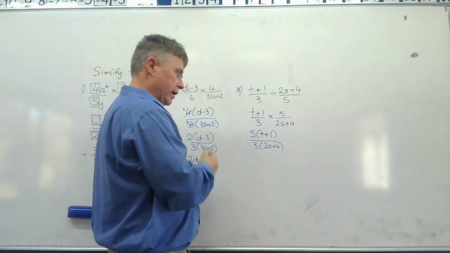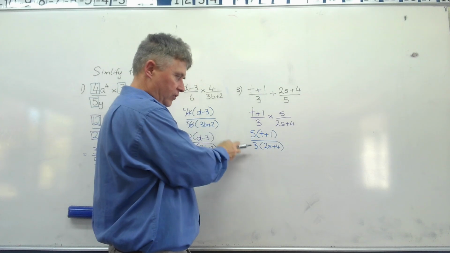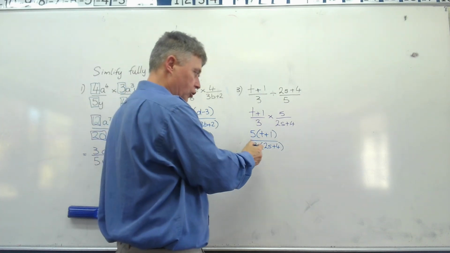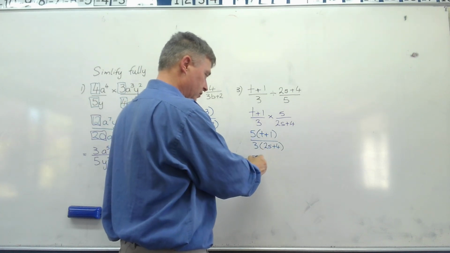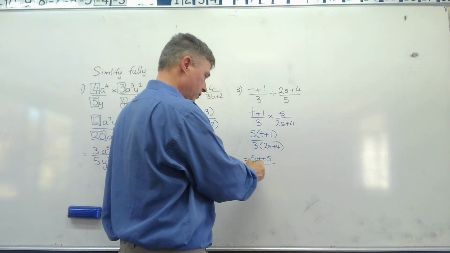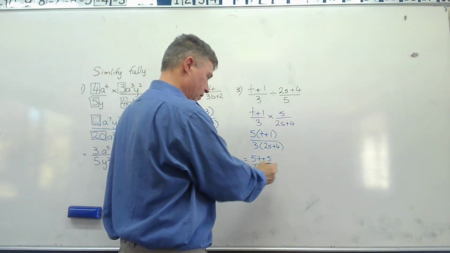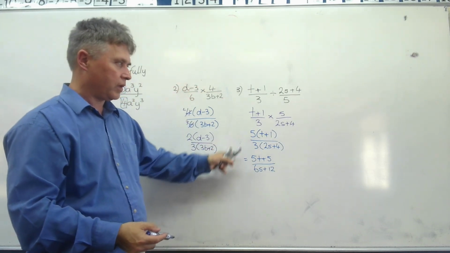Okay, now you'll need to simplify anything we can simplify, but since this is already a prime, that's probably not going to simplify. But we could expand it out as a further step. So 5t plus 5 over 6s plus 12.